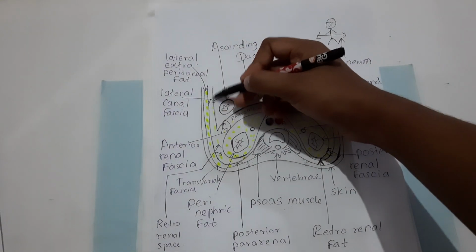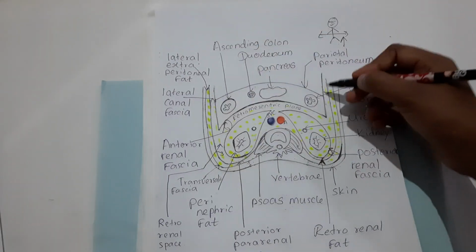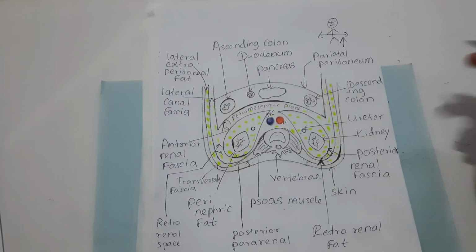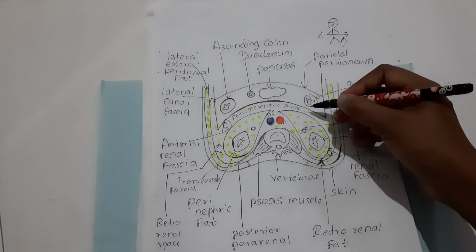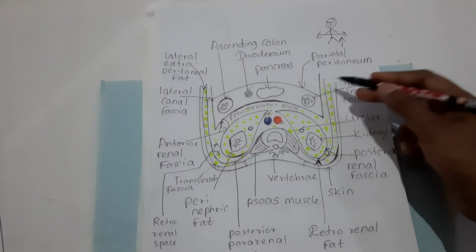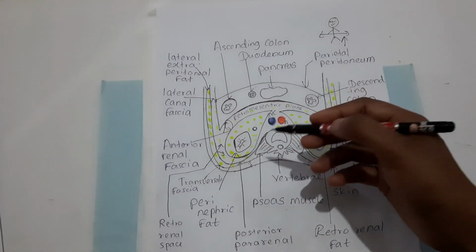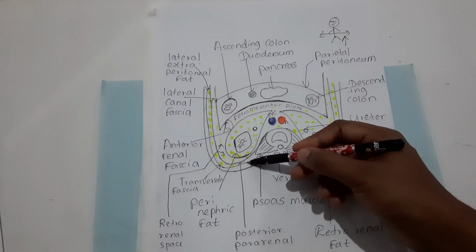Those lateral canals are lined by the lateral canal fascia, these two. The lateral canal fascias are extensions of one of the anterior renal fascia and one of the posterior renal fascia.